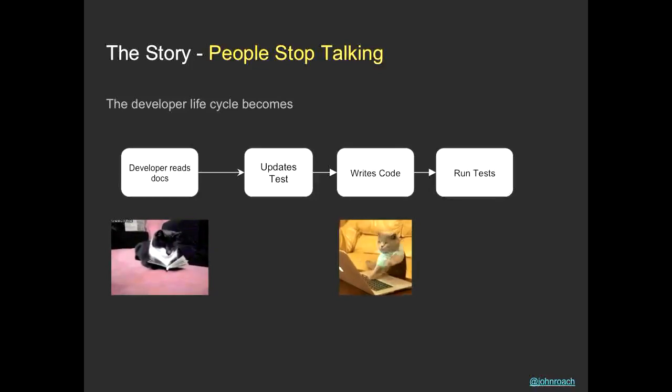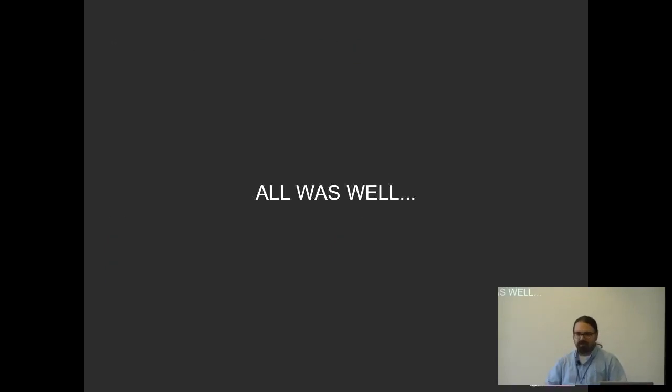When a new developer came in, they sat down and read some docs on how to develop their respective API for their team. If they're on the Zoo API team, they'll read the Zoo API documentation. Then they'll update the test if they're doing TDD. Sometimes that's reversed, but it happens. So they first update the test, they write the code, and they run the test. So all was well.